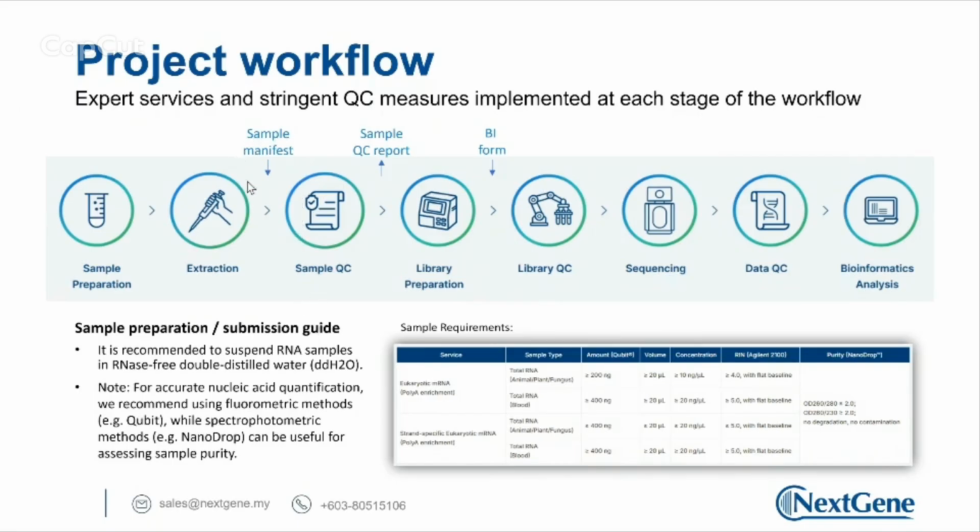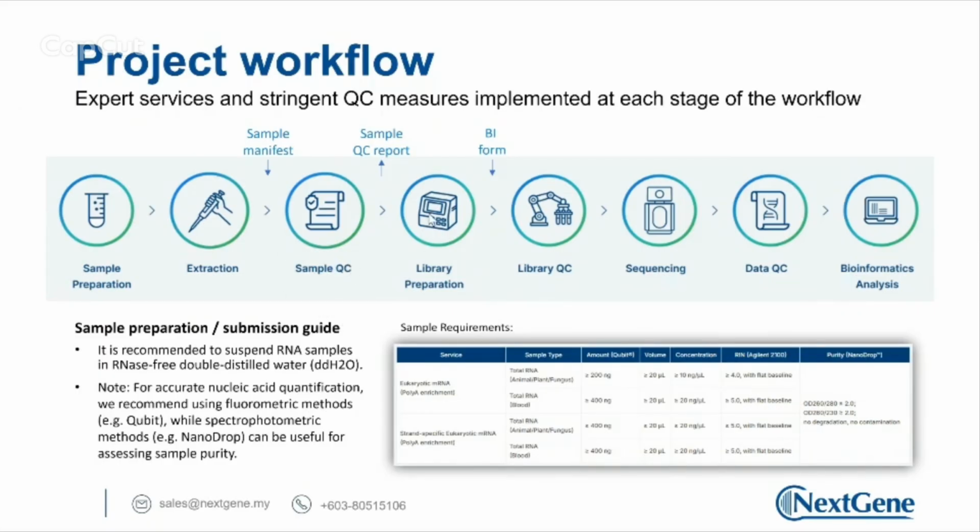Normally we also need to submit the samples together with a manifest, just to tell the sequencing lab how many samples have been submitted, and what QC was tested in the local lab, and other information related to the samples, so that when the sequencing lab receives the samples, they know which samples to proceed with and what applications they need to prepare for.